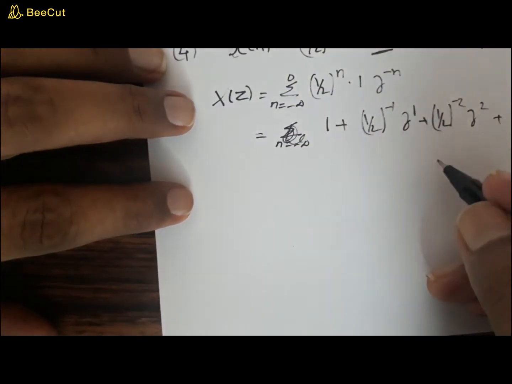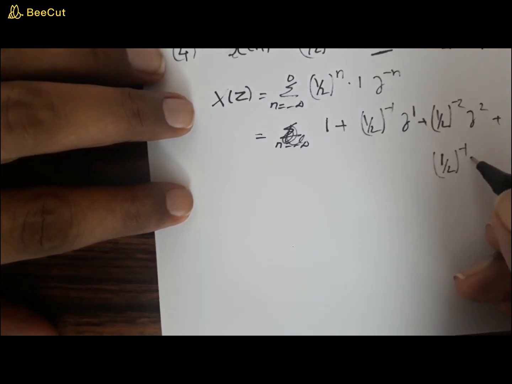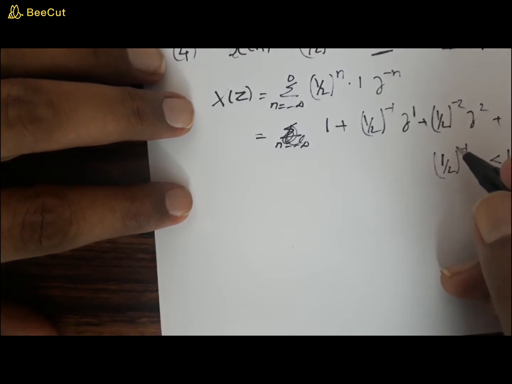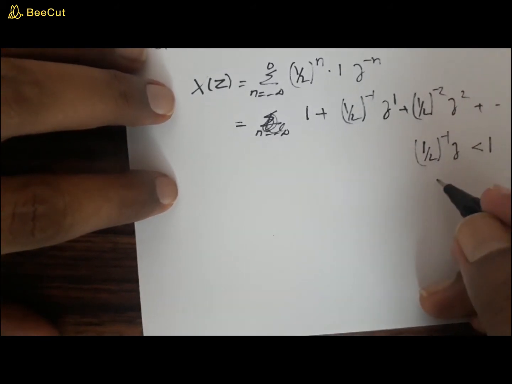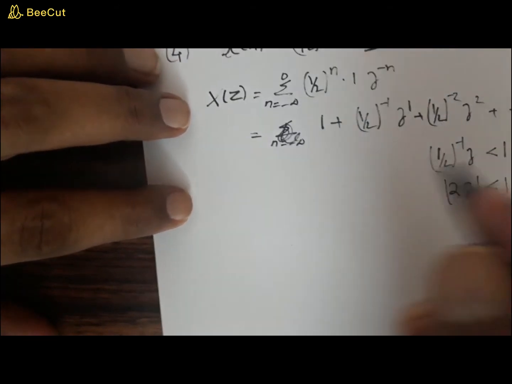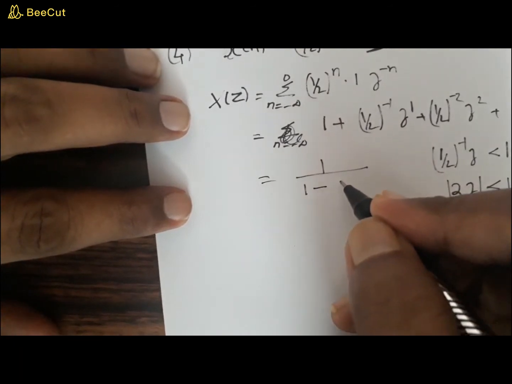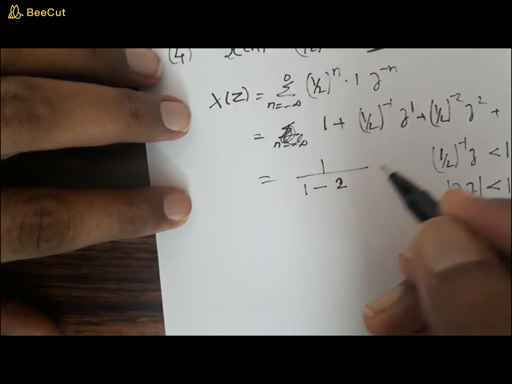If you impose the condition that half raised to minus 1 z is less than 1, in other words, half inverse is 2, so mod 2z is less than 1, you can write this expression as 1 over 1 minus 2z.